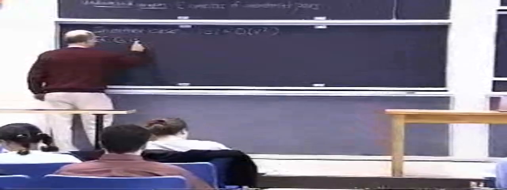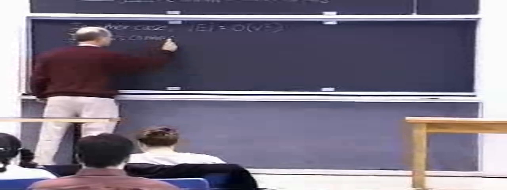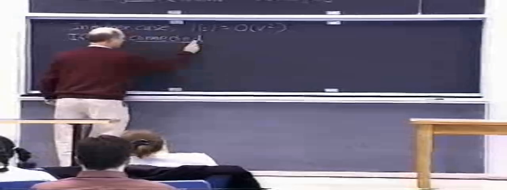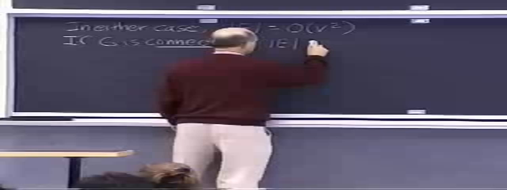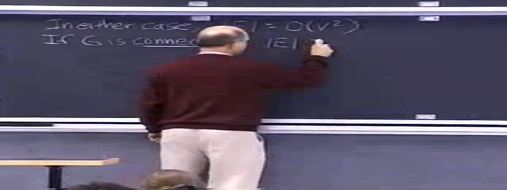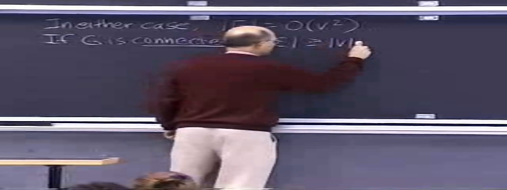Okay, so that's just a simplification. Also, if G is connected, then the number of edges is at least V minus 1.